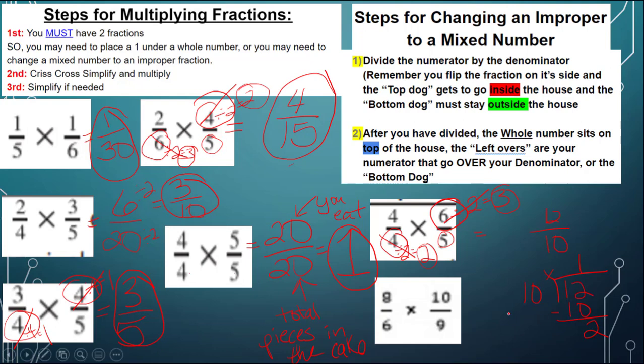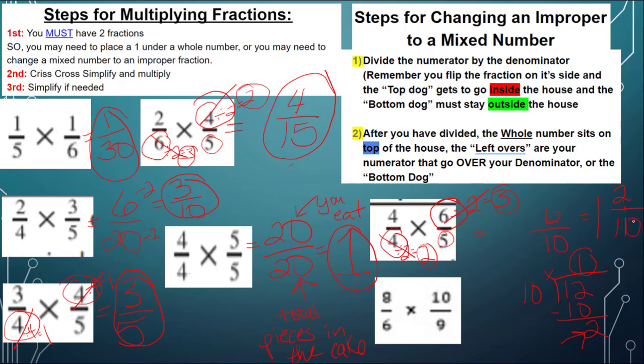Okay, so let's go to our step 2. Our step 2 says, after you have divided, the whole number sits on the top of the house. So that is my 1. The leftovers are your numerator. That's the 2. Those go over your denominator or the bottom dog.